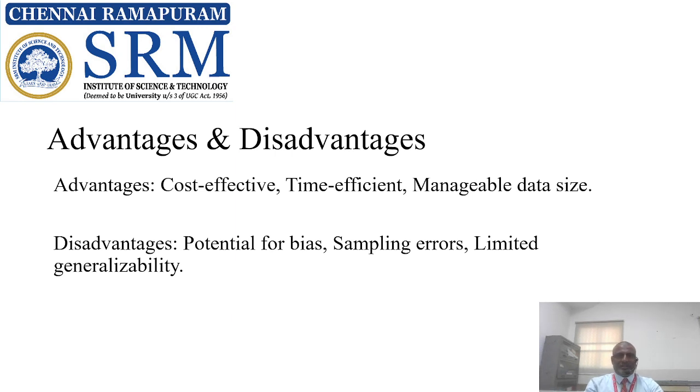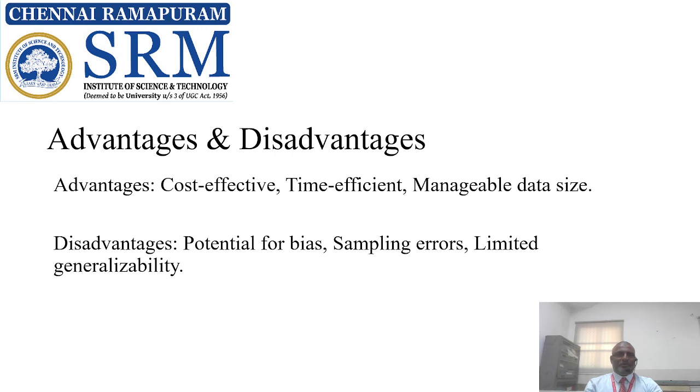Advantages, as we discussed, are cost effective, time efficient, and manageable data size. Cost effective in the sense that having the entire data in hand and predicting from the entire data may involve some cost. That cost we can reduce by selecting small samples.